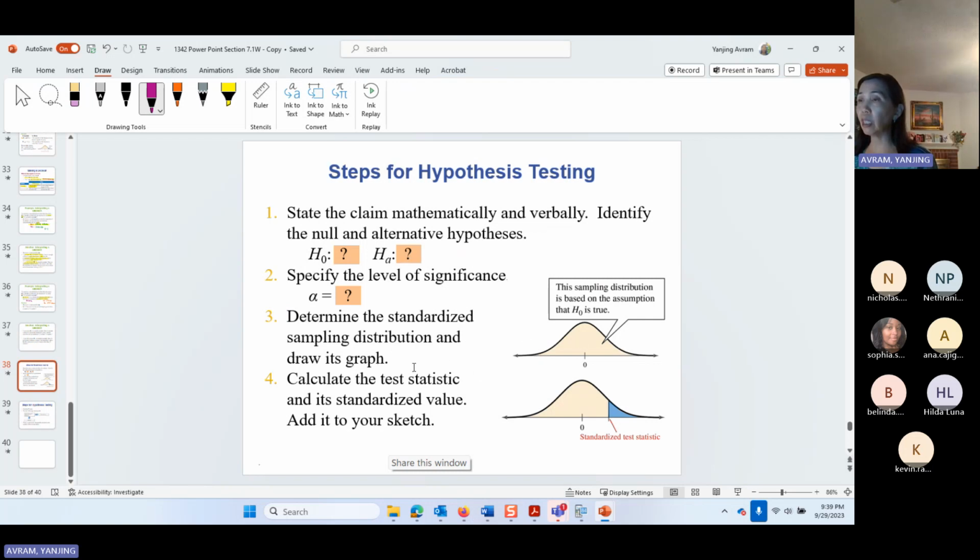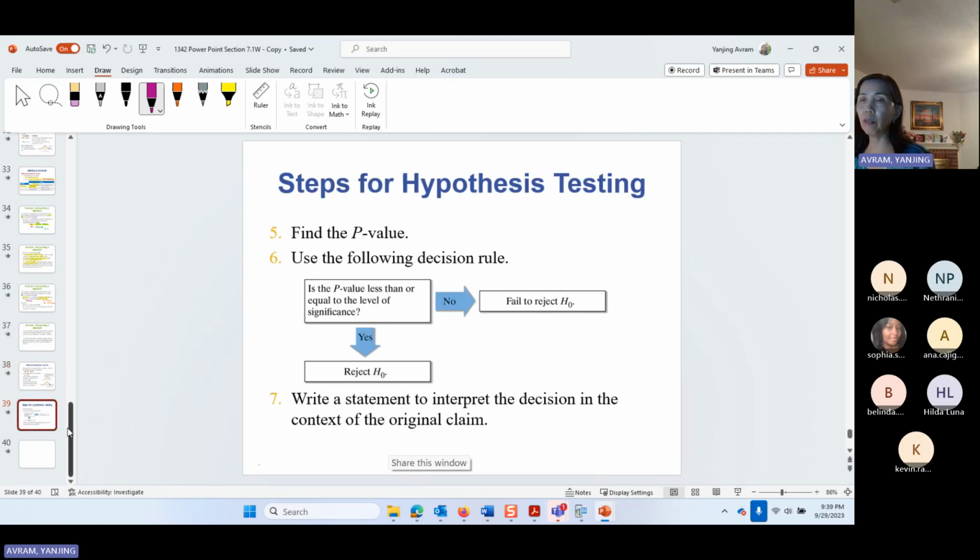Depends on whether sigma is given or not, all right? And then after that, you're going to do a little bit of calculation, and then you're going to say you reject or do not reject the null hypothesis after you compare the calculation. Okay, so we are not going to calculate tonight because we don't have time left for the entire section, and I don't want to just open a little bit and not give you enough for the section.